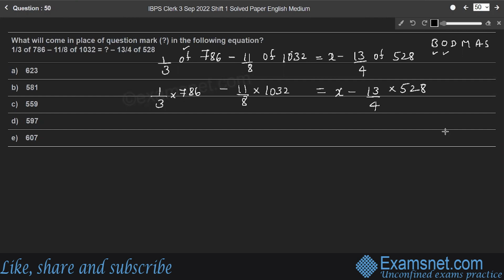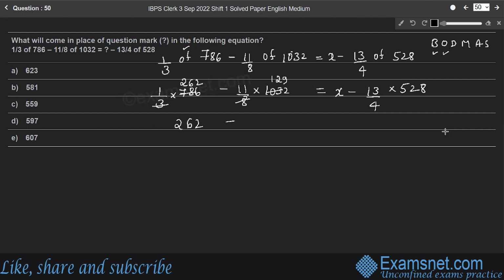Right? So here 1 by 3 into 786 is 262, minus 11 by 8 into 1032. 8 into 129 is 1032.